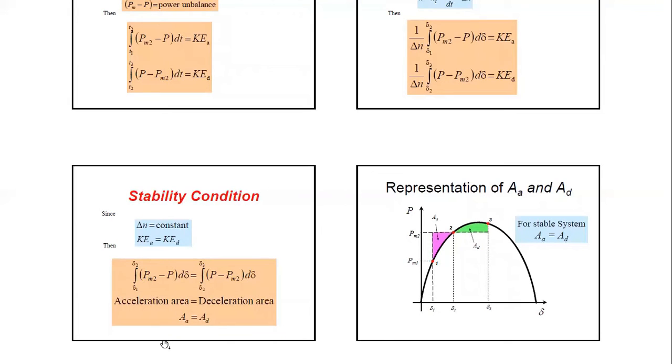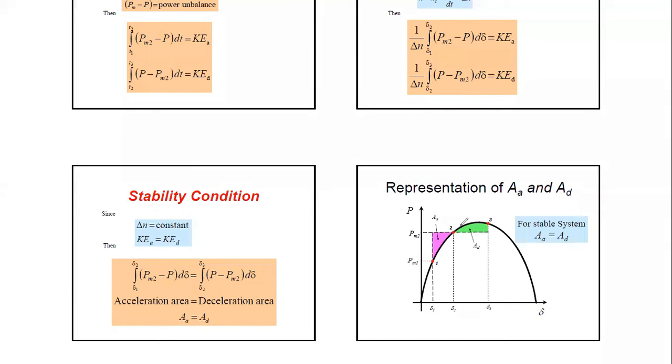AA represents the acceleration area whenever there is a sudden increase in mechanical power, and the deacceleration area AD is the area when the system reaches point 3 and comes back to release the gained kinetic energy. So for stability, AA is equal to AD.